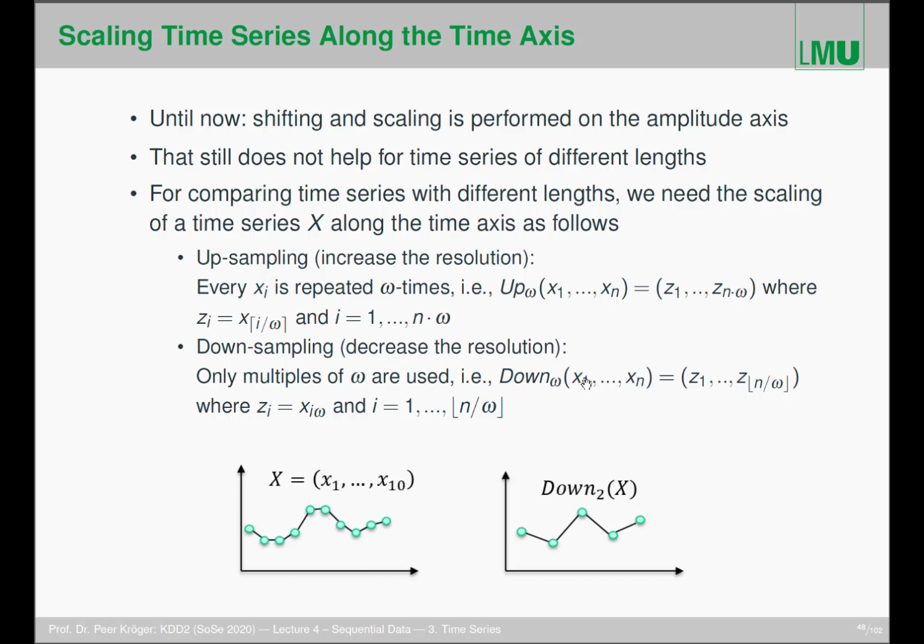Each omega-th time slot will be kept, all the other time slots from the original time series will be removed, and then we have decreased the resolution by just downsampling the time series.